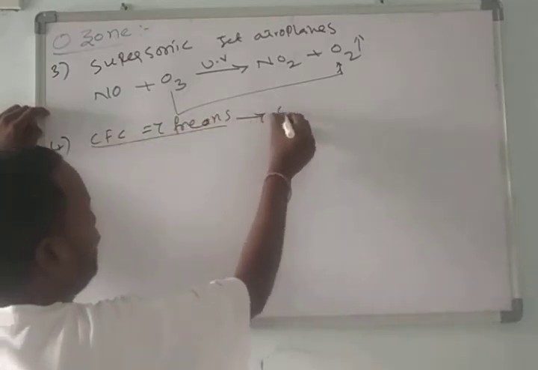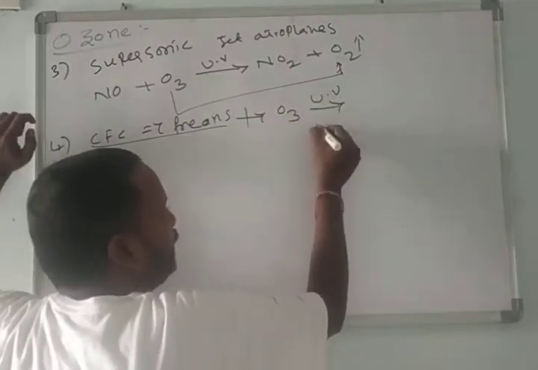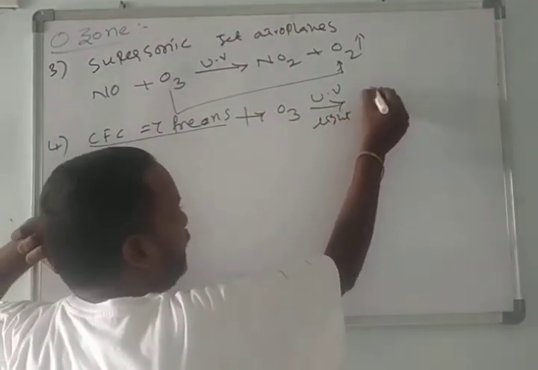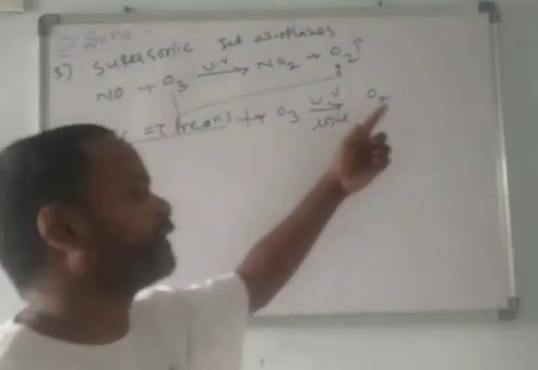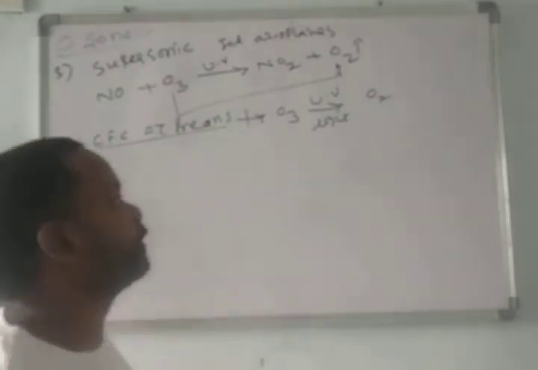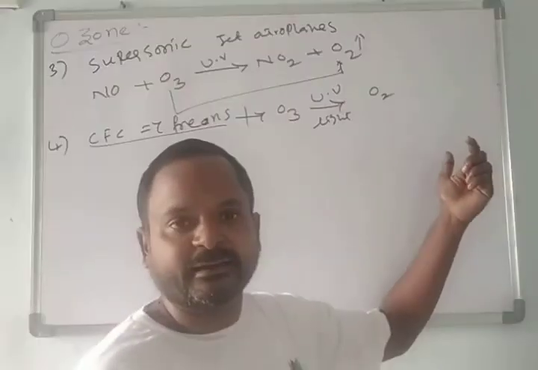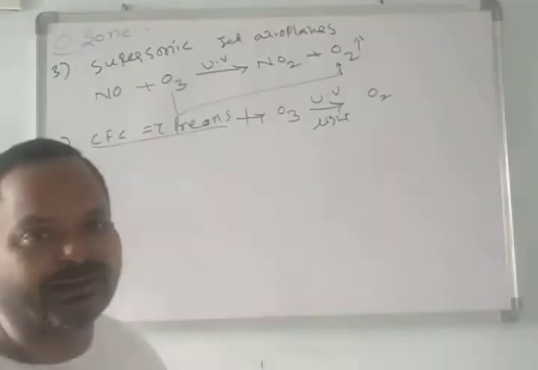These freons interact with the ozone in the presence of UV light and convert it into oxygen. That means in the presence of these freons also the density of ozone decreases.